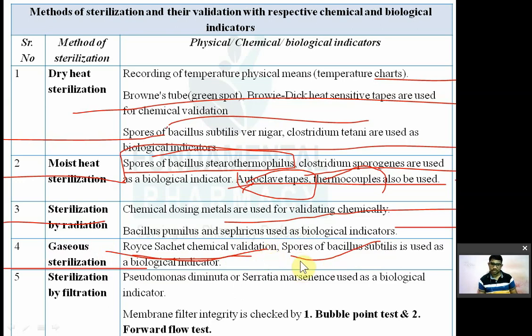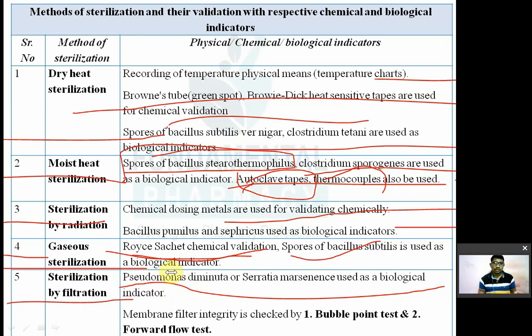Now the fifth method is sterilization by filtration. Which indicators are used for sterilization by filtration? Pseudomonas diminuta and Serratia marcescens are used as biological indicators for validating sterilization by filtration.